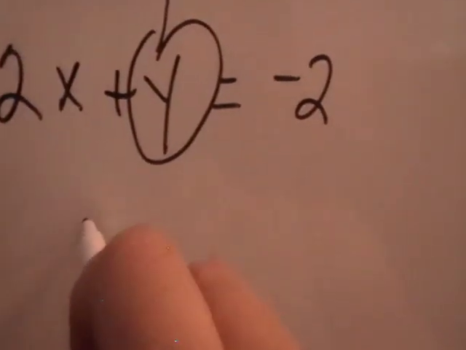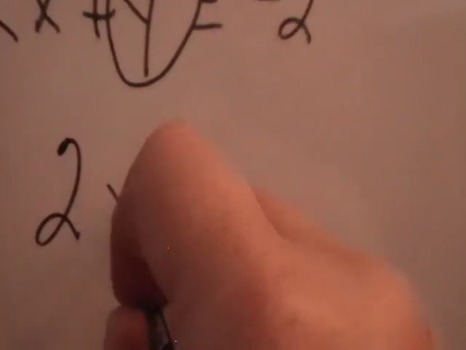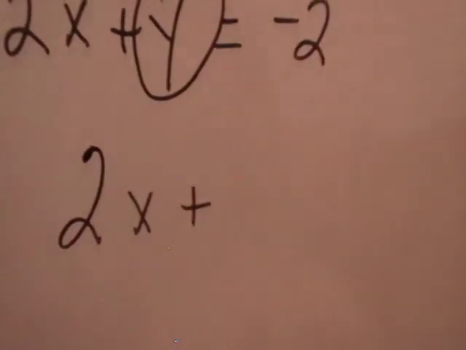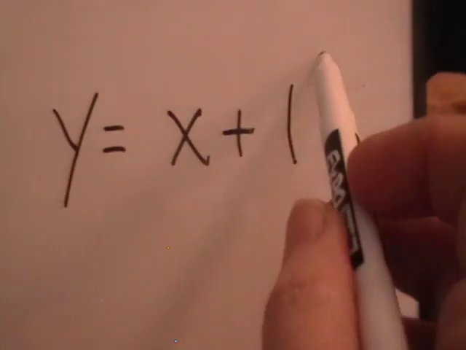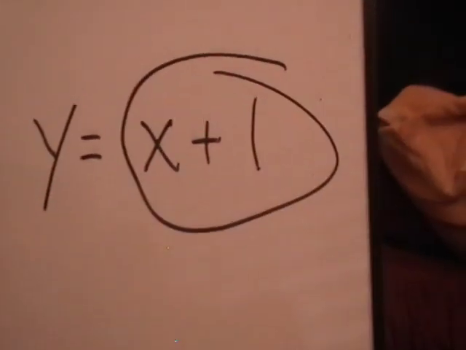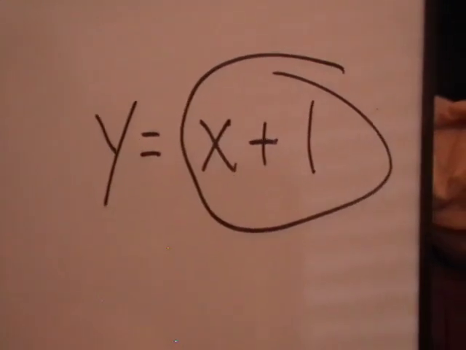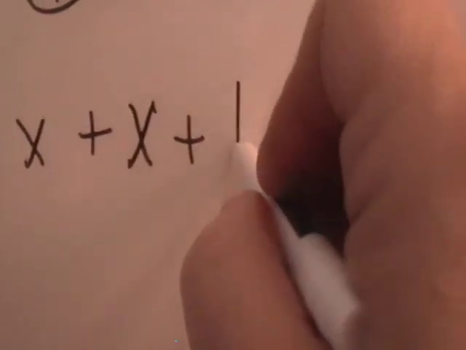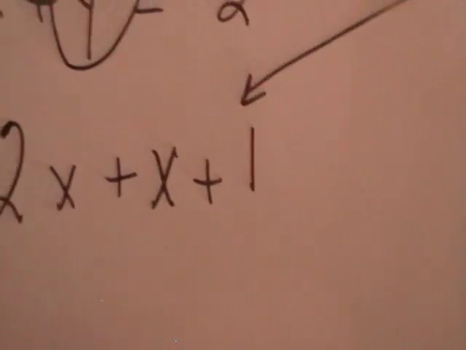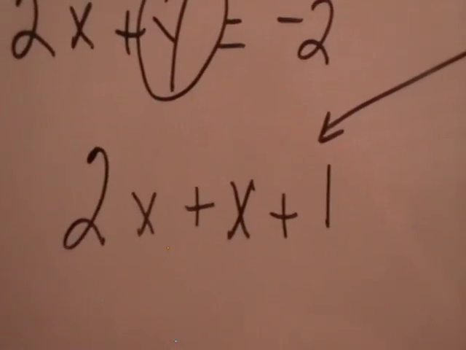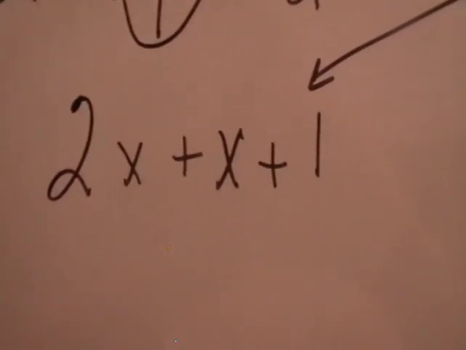So every time I have a y, I'm going to have 2x plus y. What did I say y equaled? y equals x plus 1. I'm going to stick in x plus 1 right here. Now I know you're probably sitting there going, what in the world is she doing? But just hang with me.